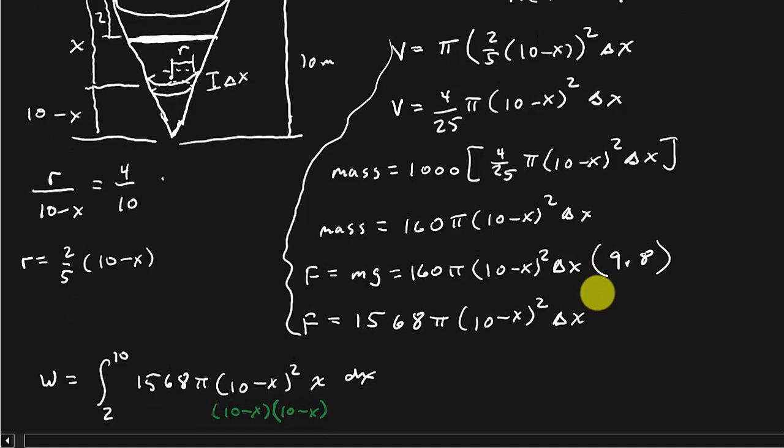We had to calculate that. Now, it would have been nice if they would have just come out and said, here's the force, but they didn't. Okay? All right, so that's working a problem where you're pumping water out, and that's using the metric system.